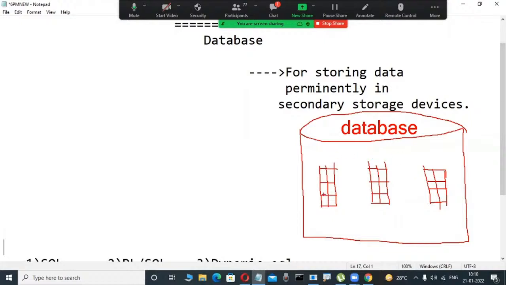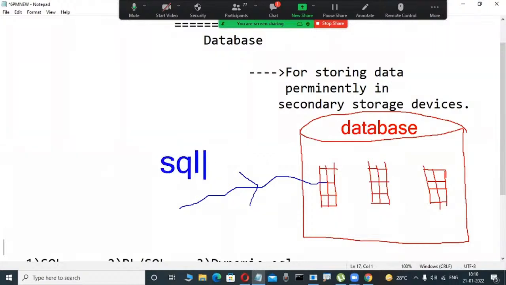That's why a structured collection of data is stored, and we operate this data using SQL, a language, structured query language.